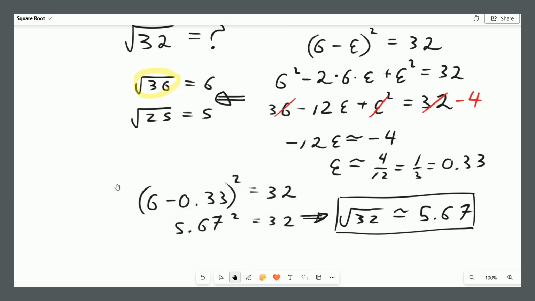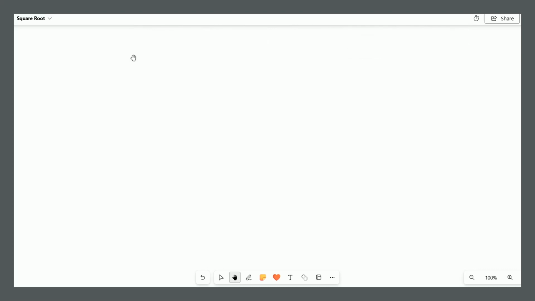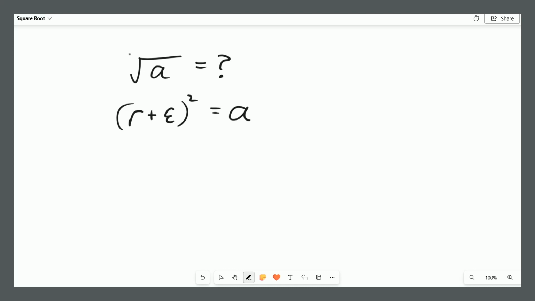So in general, if we want to look for the square root of some number a, and there's some other value close to a for which we know the square root exactly, r, and we can conclude that (r + epsilon)² equals a, we can create a formula for finding exactly what r plus epsilon is. And here we don't know, are we adding something, are we subtracting something?